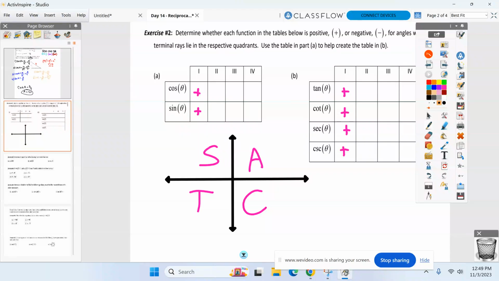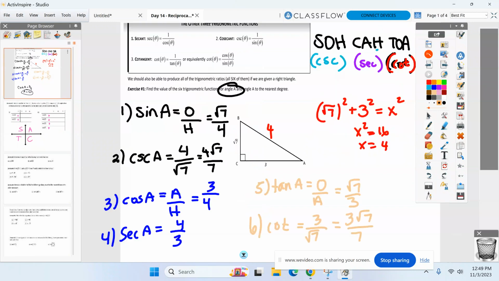All right, go to the second quadrant. What's the S tell me? Sine is positive. Now let's add to that. Sine and its reciprocal now are positive there. What did we say the reciprocal of sine was? Cosecant. So those two now are positive in the second. Everyone good? It's whatever's there and its reciprocal.